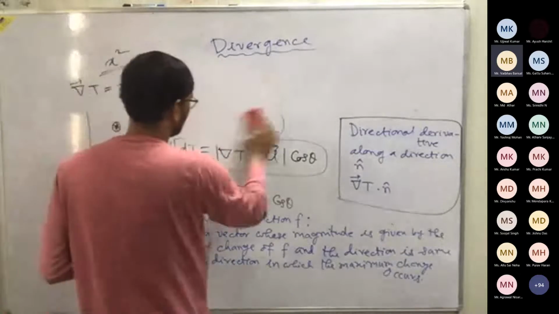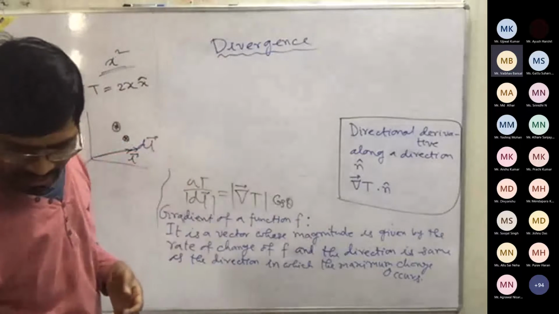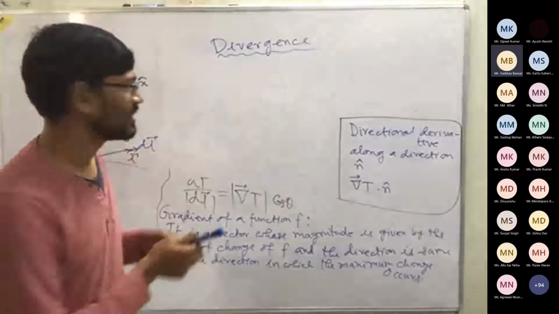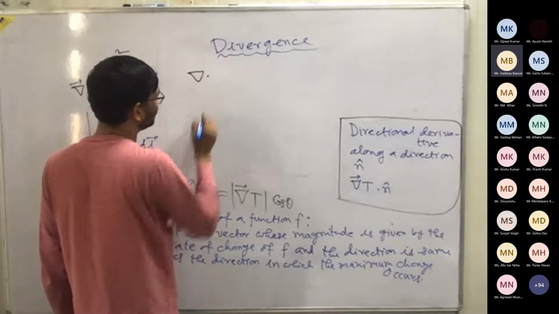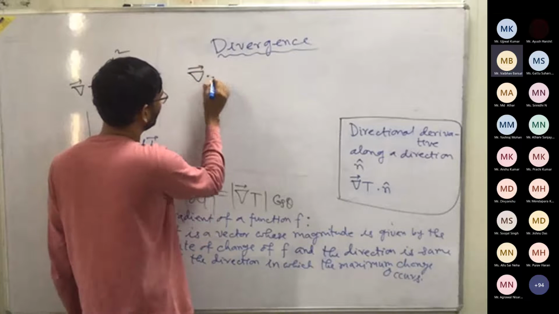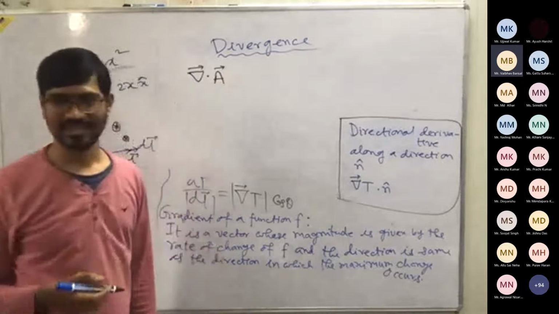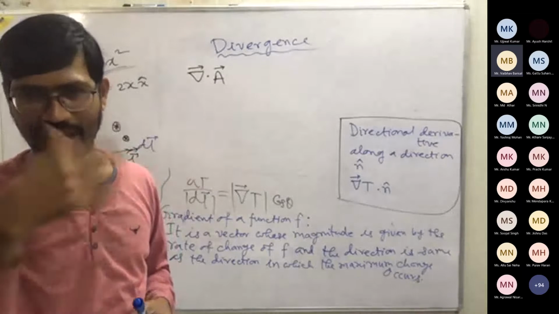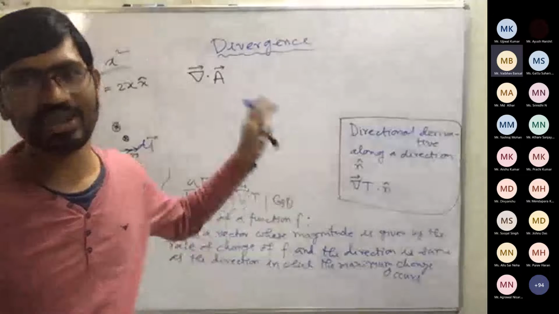Now let me give the definition of divergence. Divergence is del dot A. Now A, B, C, F and T we very frequently use without telling what it is.